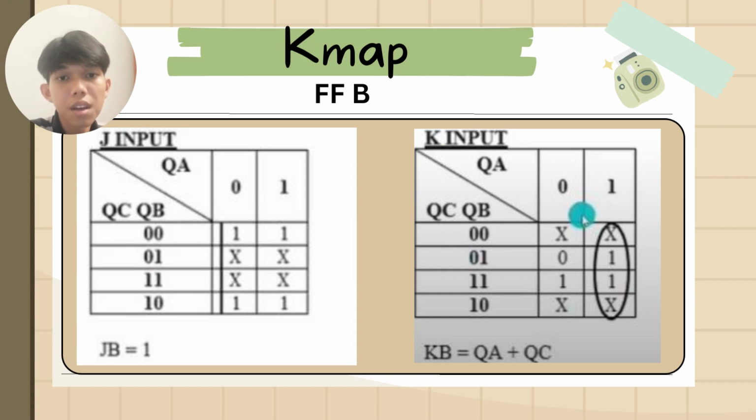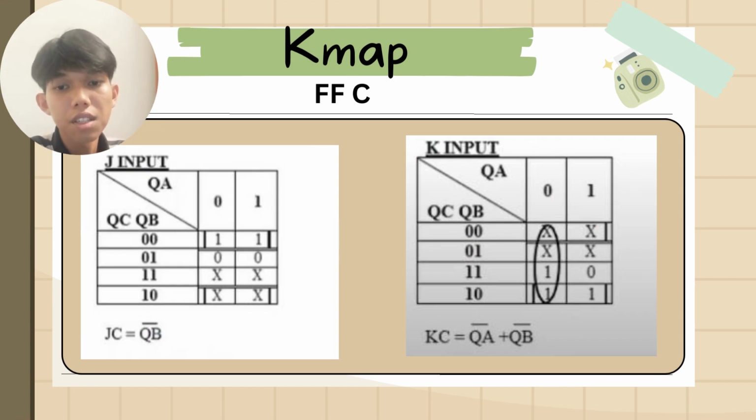For FFB, our Boolean expression, we get JB equals to 1, then K input is QA plus QC. For FFC, J input JC equals to QB bar, then K input KC equals to QA bar plus QB bar.